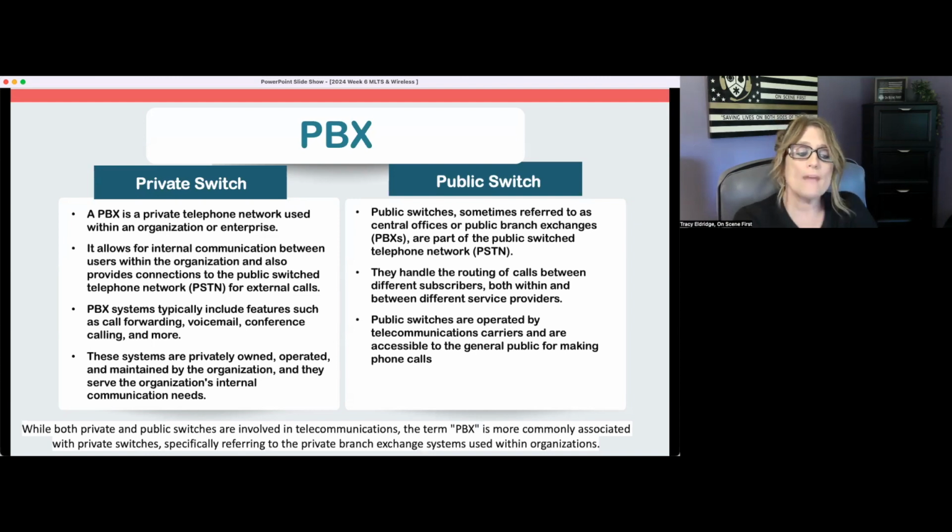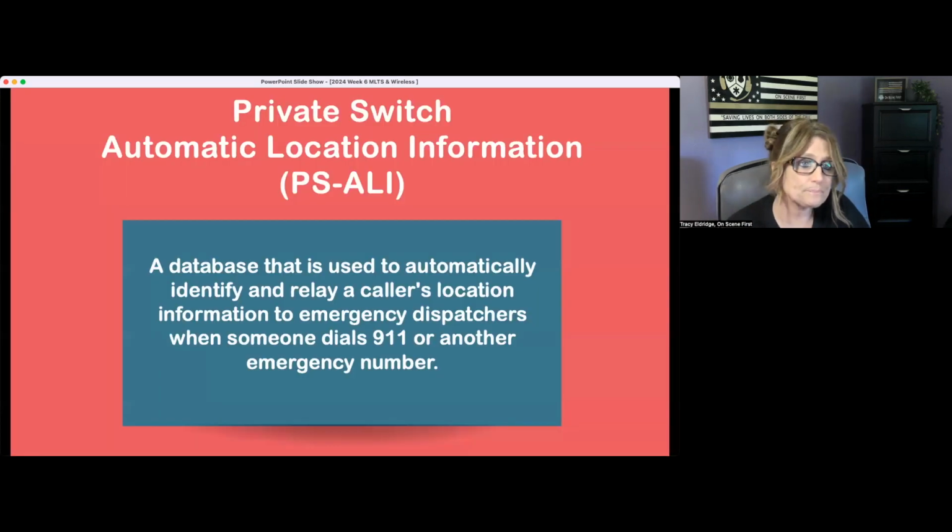And while both private and public switches are involved in telecommunications, the term PBX is more commonly associated with private switches, specifically referring to the private branch exchange systems within an organization. So like I said, the only time you're really going to see PBX is on your ALI, and that's indicating a private switch. So hopefully that makes sense.